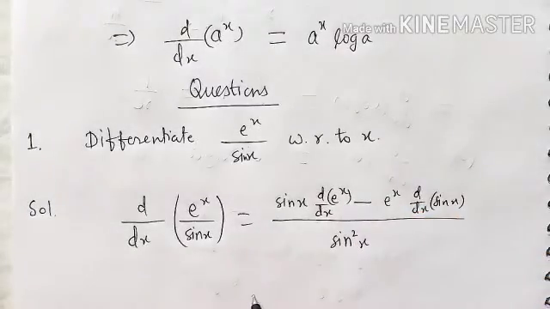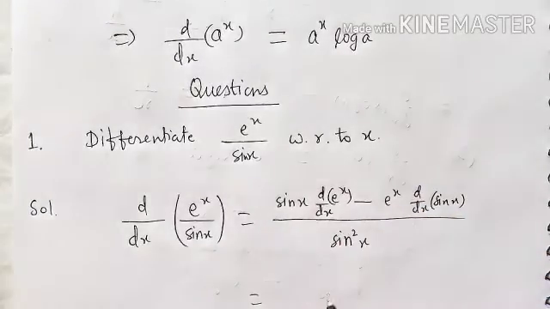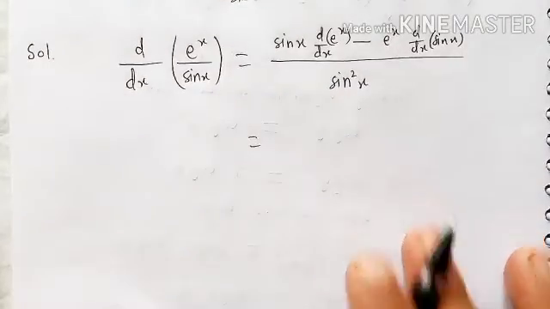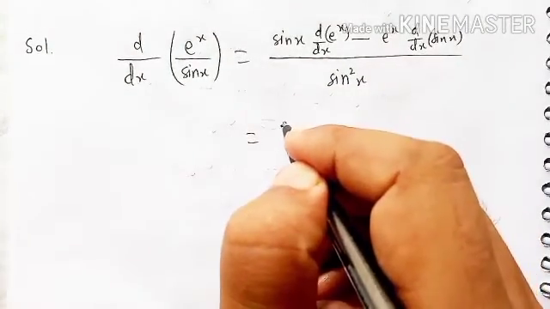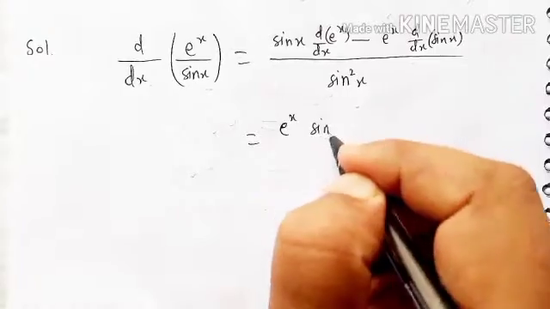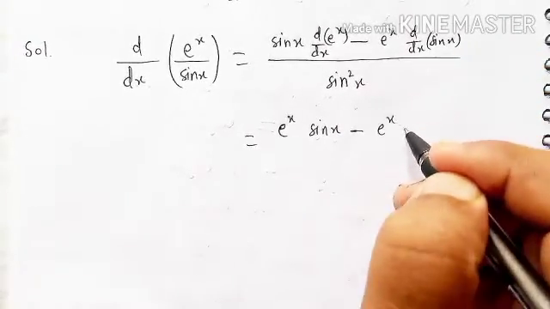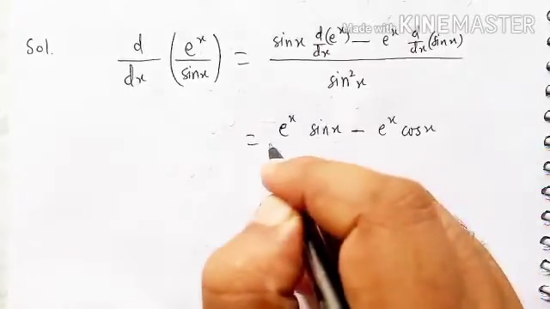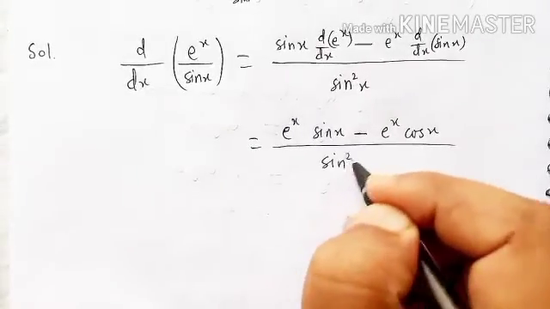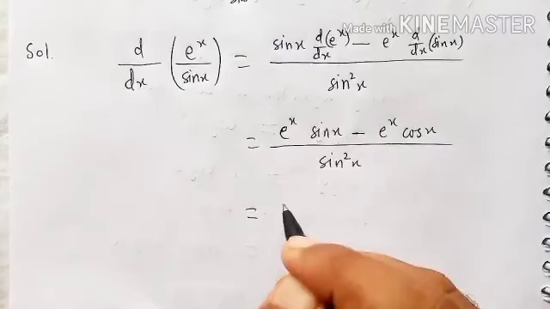So we have the derivative of e to the power x, we know it is e to the power x, and the derivative of sin x is cos x. After taking common e to the power x, it can be written.